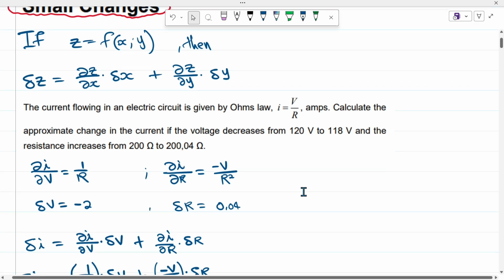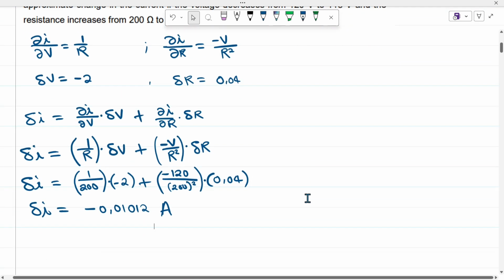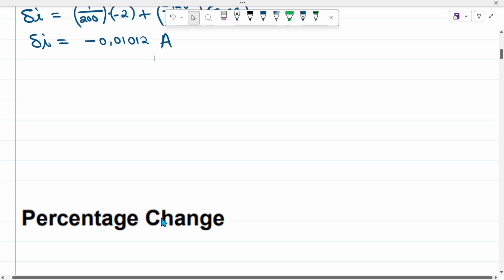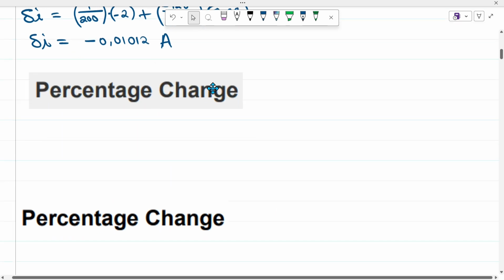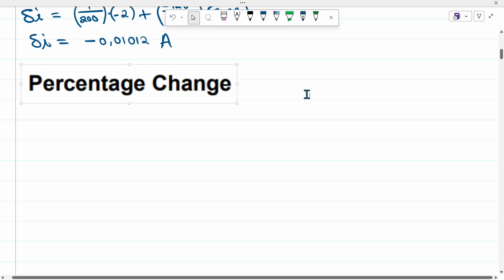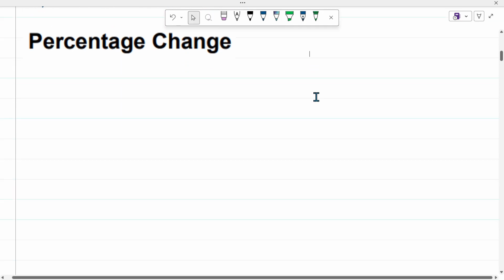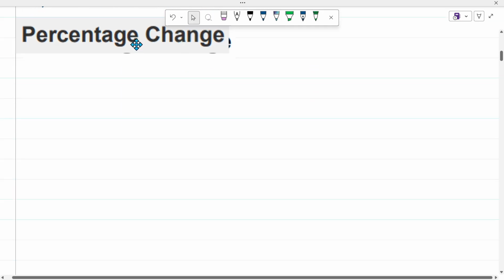And then let's see if we can do other questions. So let's now discuss percentage change, because there are also questions for percentage change. Percentage change is also very easy, because you will be told to calculate the approximate percentage change.